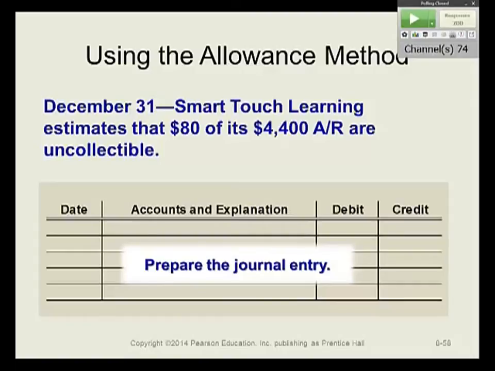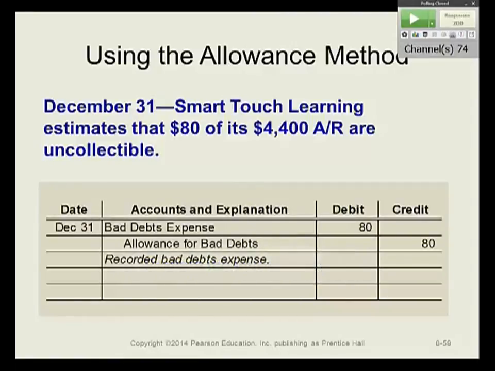They don't know which ones right now, and again, I'll show you how to get that estimate later on. So the entry here is a debit to bad debt expense and a credit to the allowance for bad debts.